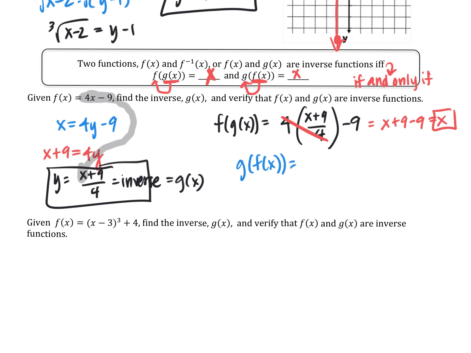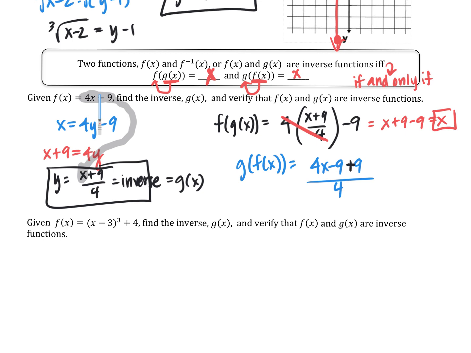I'm going to plug the 4x minus 9 in for my x. So I'd have a 4x minus 9 that goes right here. Plus 9. Thank you, Mateo. Over 4. Uh-oh. What did I just write? I messed something up. I put my 4x minus 9. What is this supposed to be? Whoopsies. There we go.